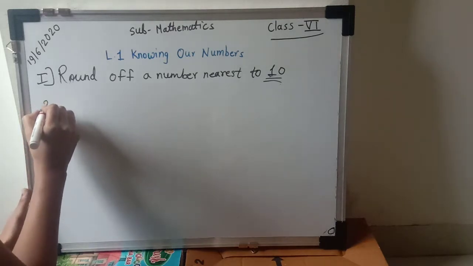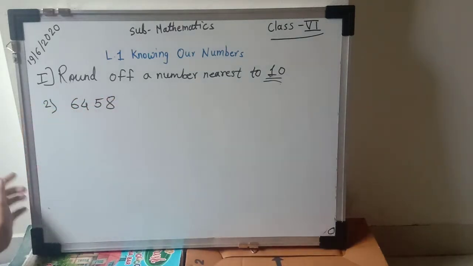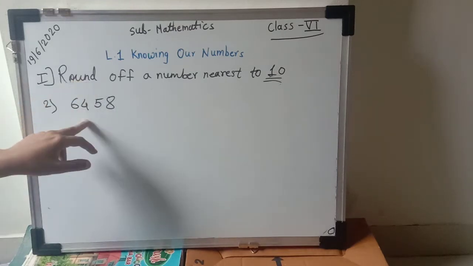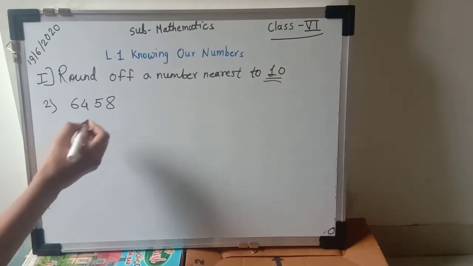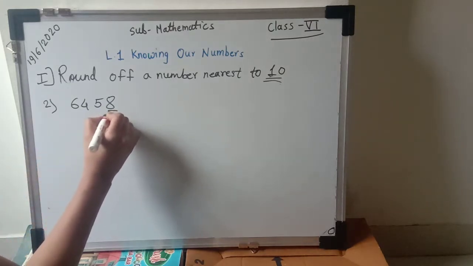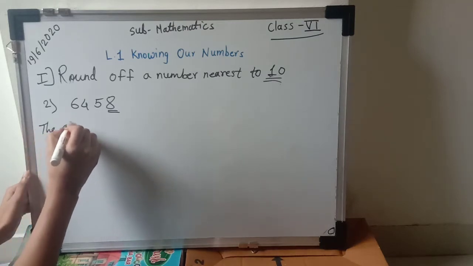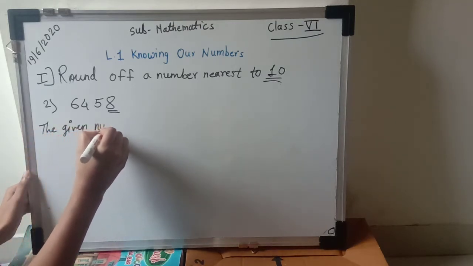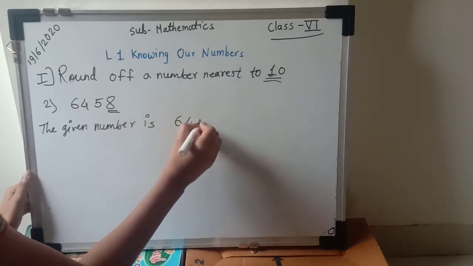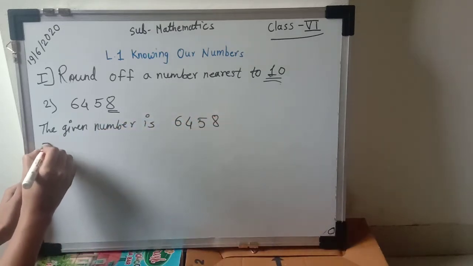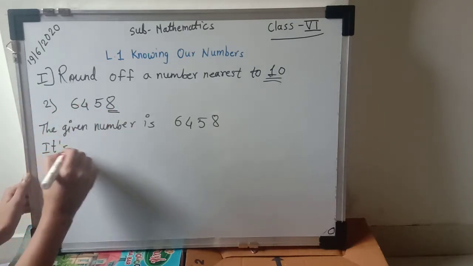Now let's see another example, 6458. Here 4-digit numbers are there and this number we are going to round to the nearest tens. Now here on the ones place, 8 is there.